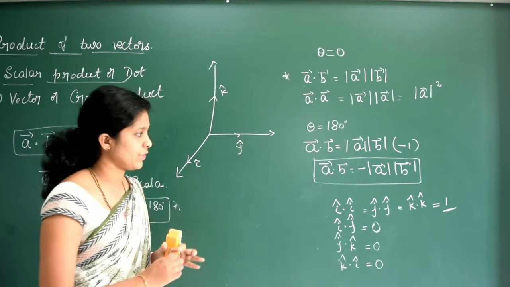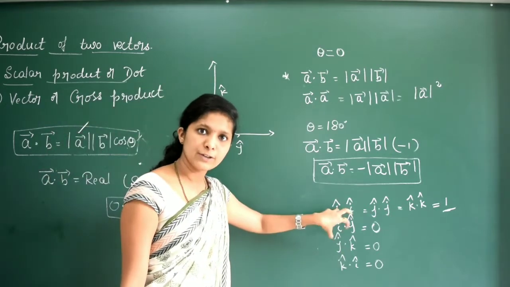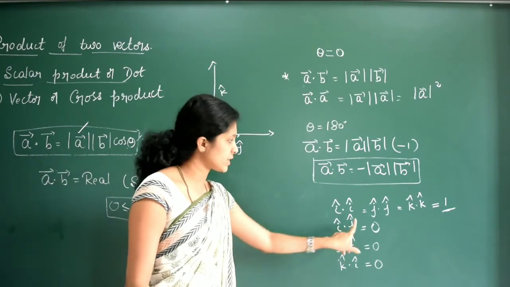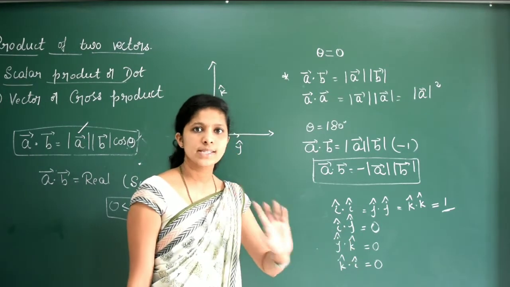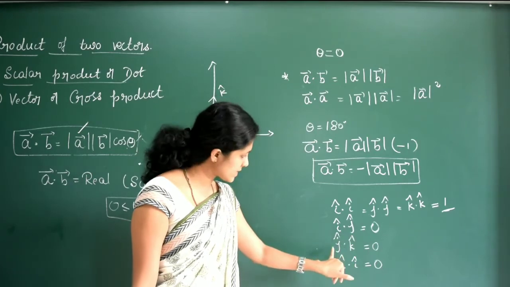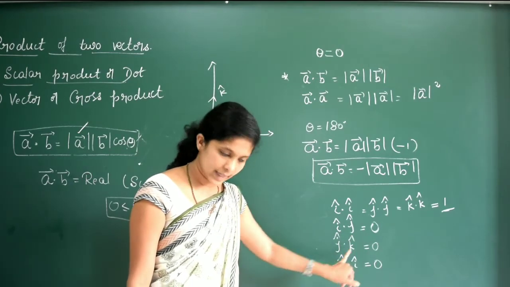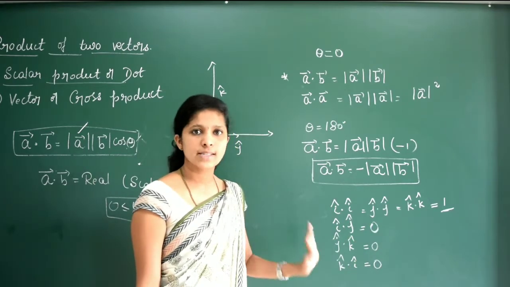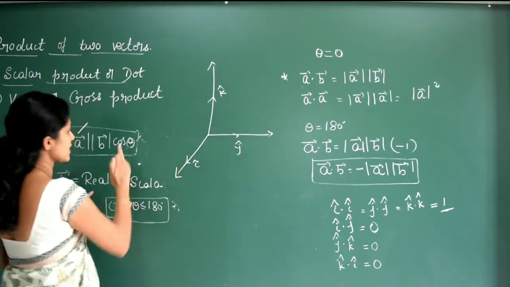So this is the important one. The dot product of a unit vector with itself will always be equal to 1. The dot product of one unit vector with another will be equal to 0. I cap dot J cap is equal to J cap dot K cap, that is equal to K cap dot I cap, always equal to 0. Remember this. And one more thing is the angle.